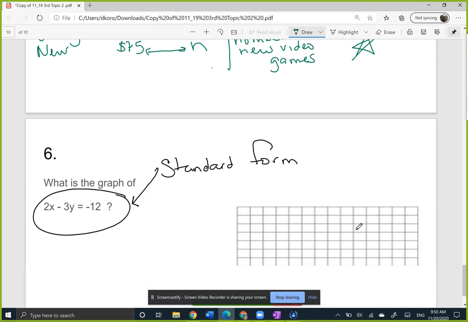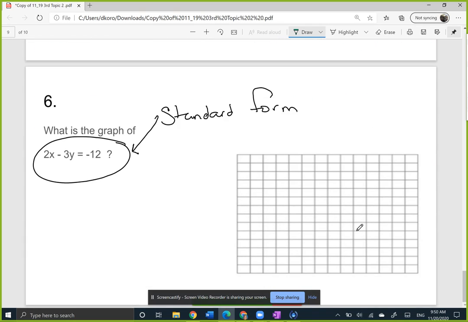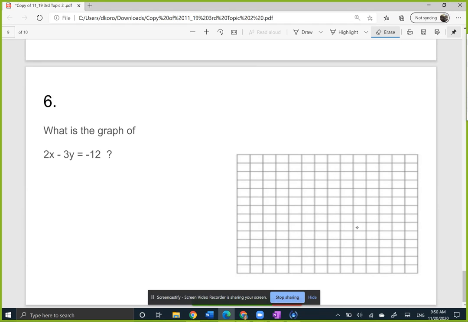All right, so the last one is, what is the graph of 2x minus 3y is equal to negative 12? So what I need you to notice is when you're looking at these, you need to notice what form your equation is written in. This equation is written in standard form.